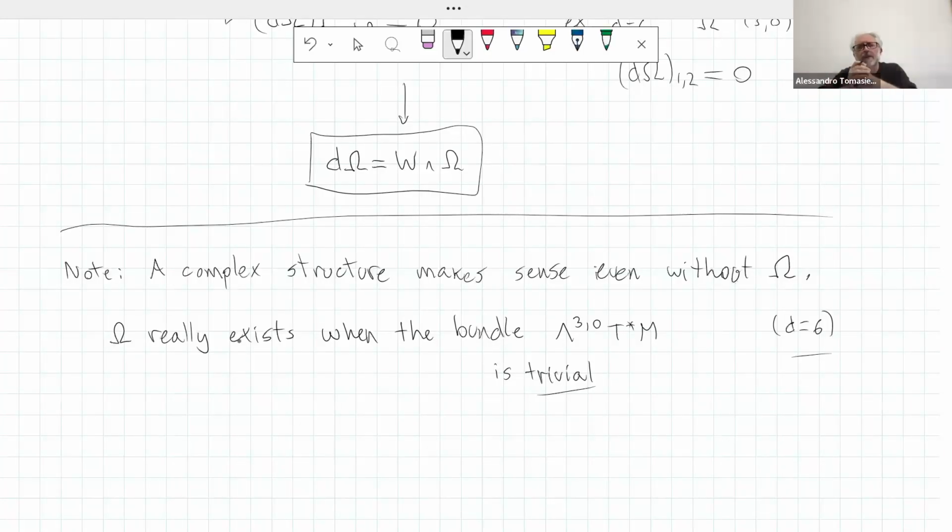So what I can tell you is what it means for a bundle to be trivial, namely transition functions are the identity.